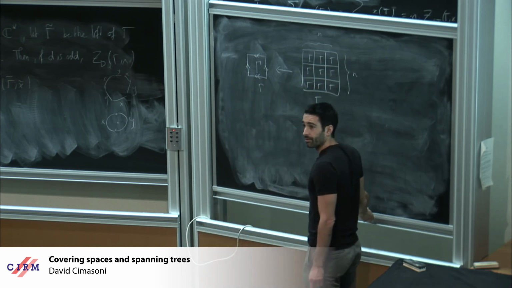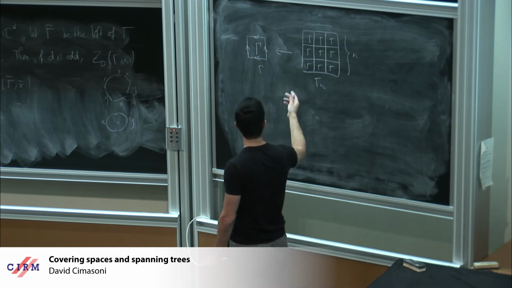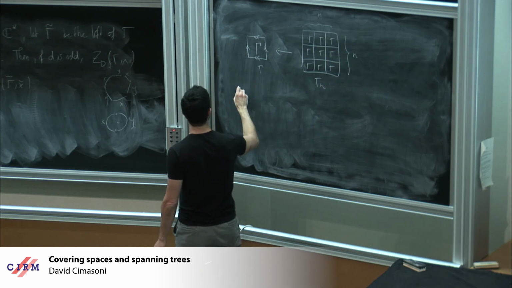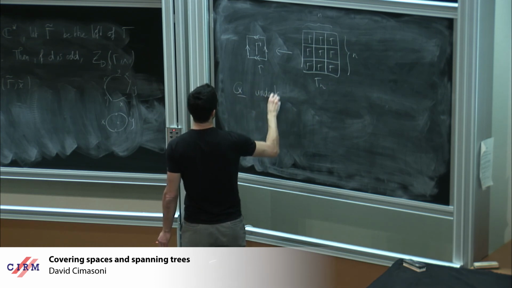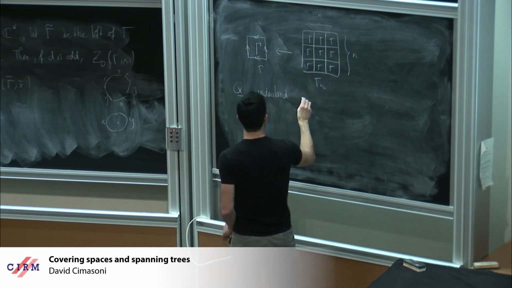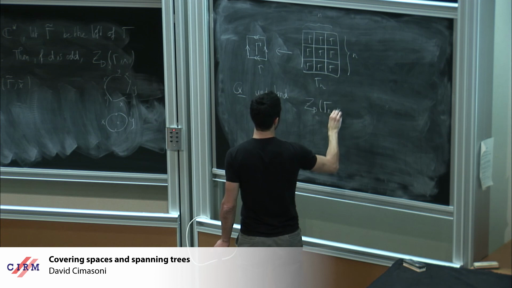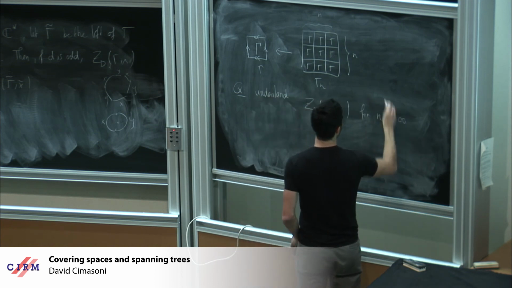And what people are really interested in in these models is when you take the limit, n being big. Understand the dimer partition function for gamma n for n big.